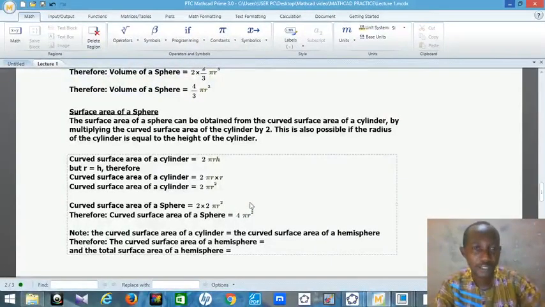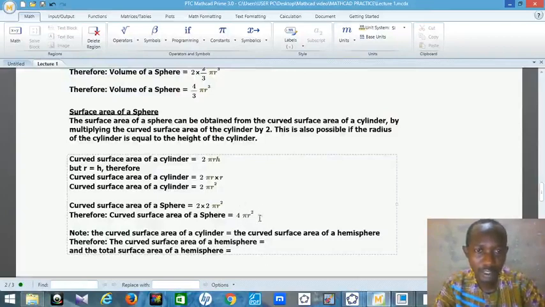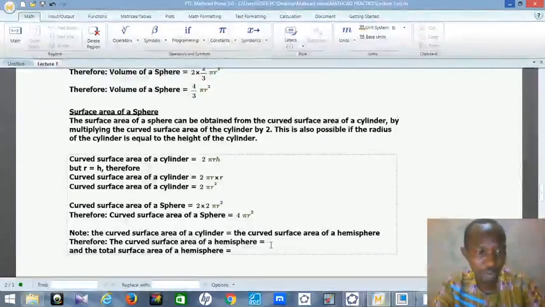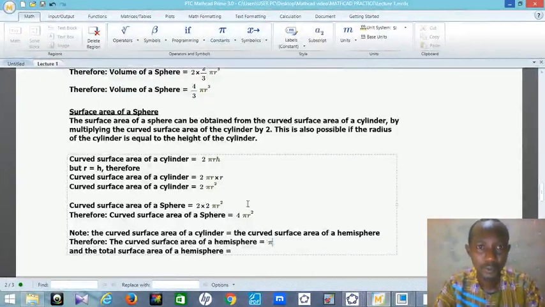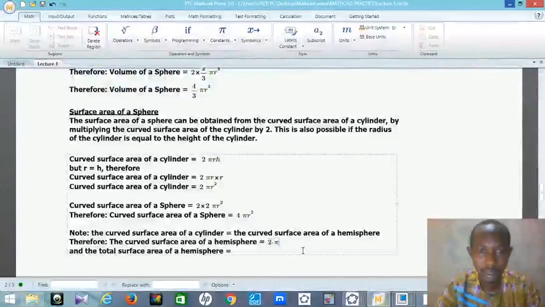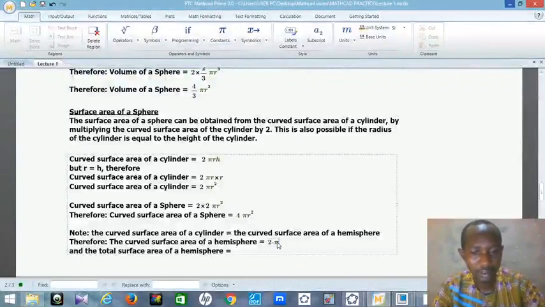So 4 pi r squared is the curved surface area of a sphere. Then the curved surface area of a hemisphere is also equal to the curved surface area of a cylinder, which is 2 pi r squared.